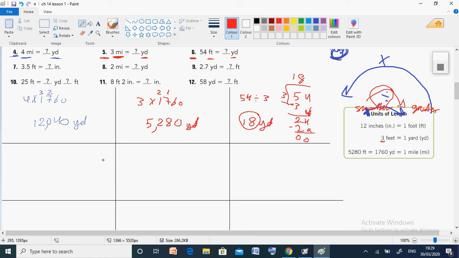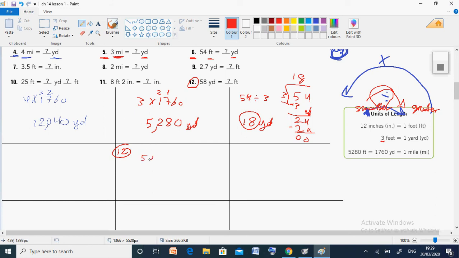Okay. Now let me solve, for example, a question number mile to yard we did before. Yard to feet, question number 12. I have 58 yards to feet. Now 58 yards to feet, from larger to smaller we have to multiply.